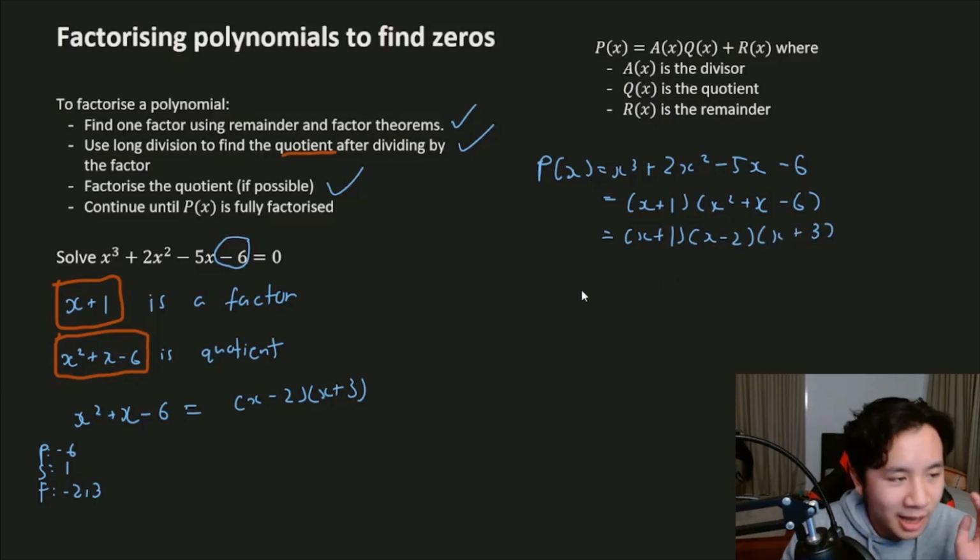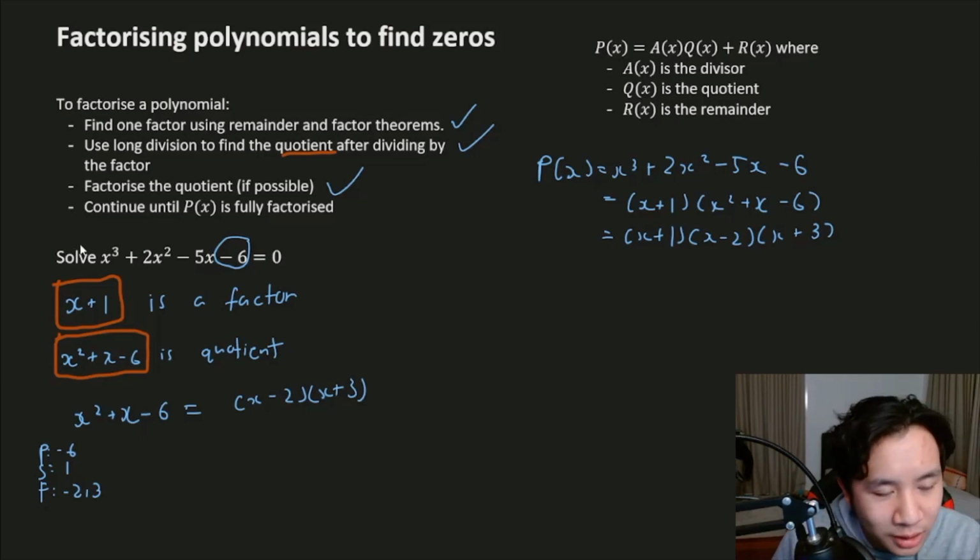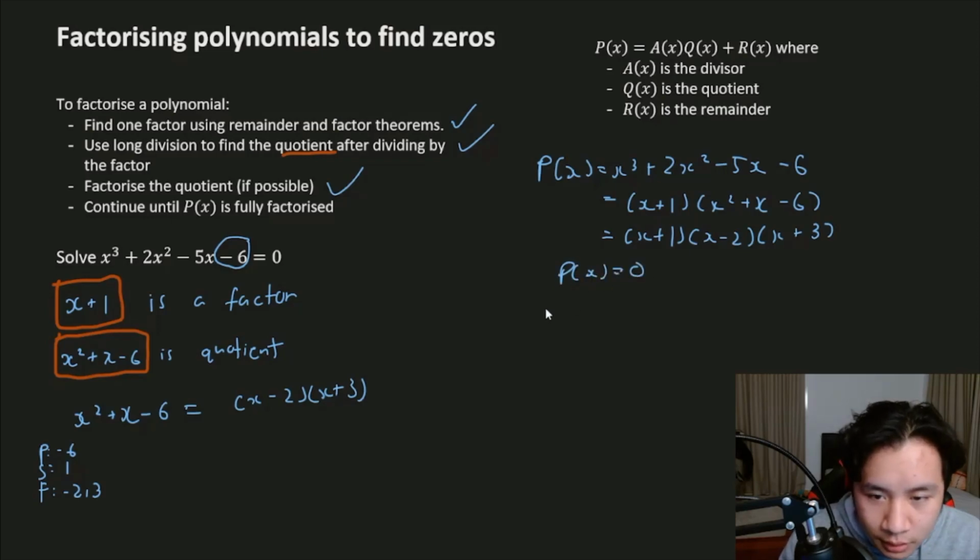All right, we're almost there. Remember, this question asks us to solve this, so this has to be equal to 0. So we need to solve p of x equals 0. In other words, x plus 1 times x minus 2 times x plus 3 is equal to 0.